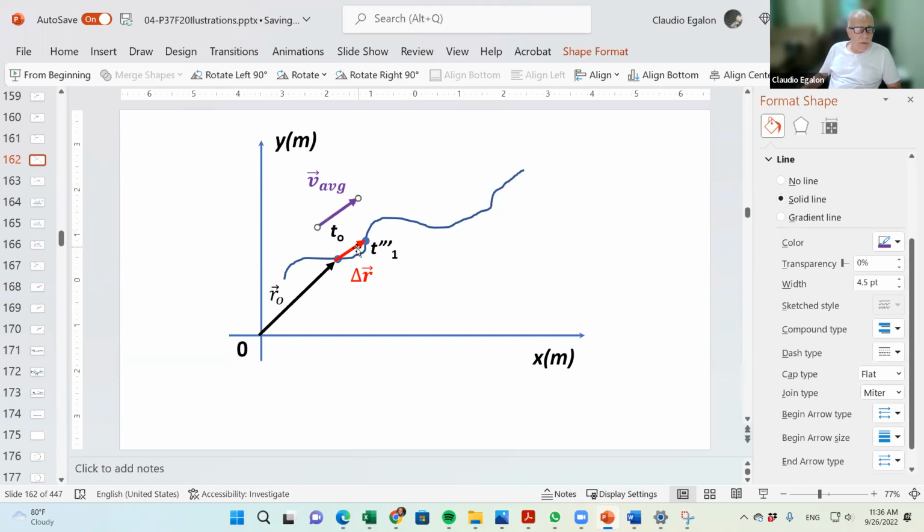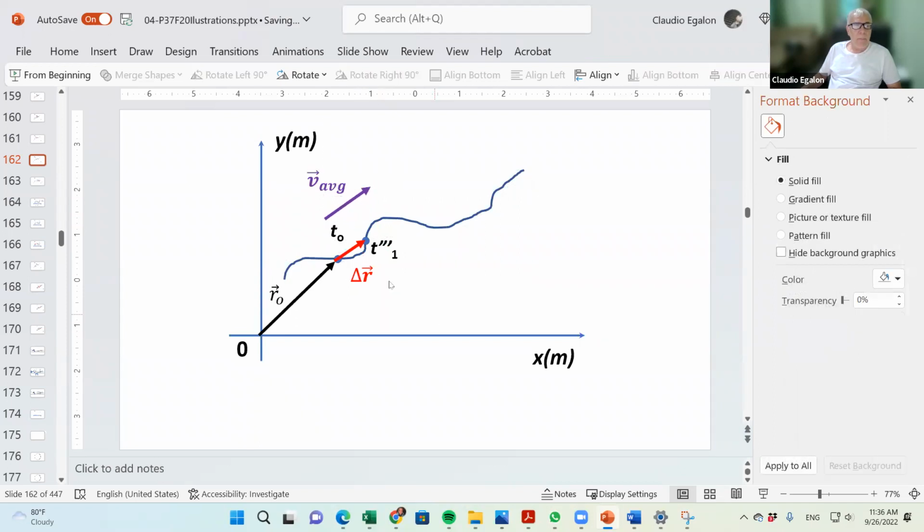Delta R is decreasing, yes, but average velocity is delta R over delta T. If delta R is decreasing, delta T is also decreasing, so maybe the velocity is increasing. We do not know. But the direction is definitely changing in this problem of ours.